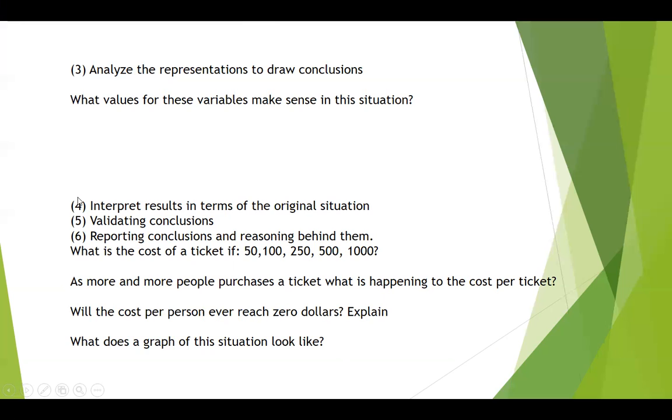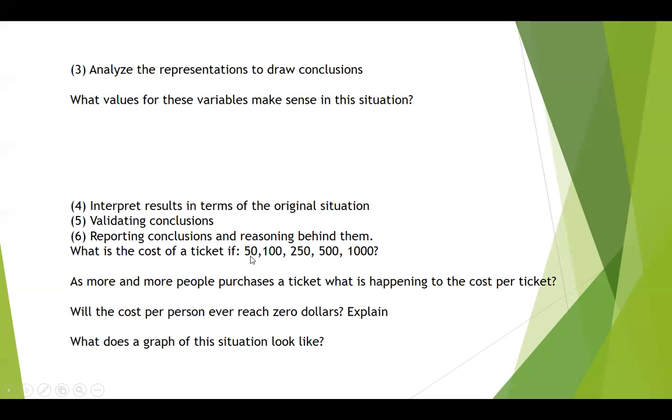Then I move on to steps 4, 5, and 6, to interpret results in terms of the original situation. I want to validate the conclusion, reporting the conclusion and the reasoning behind it. I will start by asking, what is the cost of a ticket if we have 50 people?